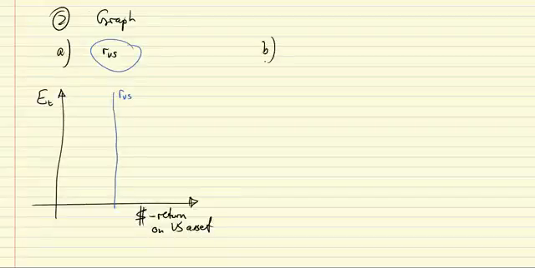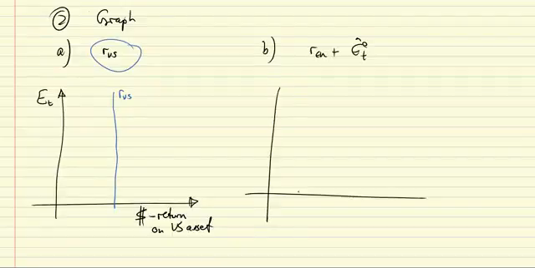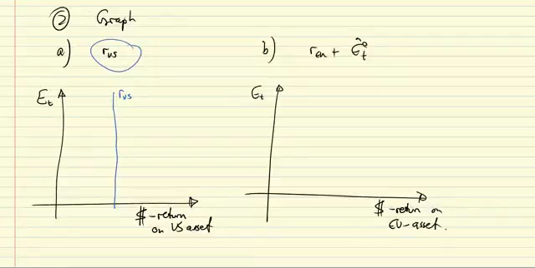Now second, we get REU plus E hat ET, and we're going to draw that in the same space with ET on the vertical axis and the dollar return on the EU asset on this axis.